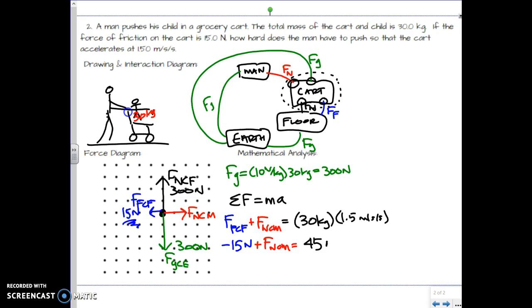Kilograms meters per second squared is the same thing as a newton. So 45 newtons over there. So the force, 45 newtons divided by 15 newtons. We divide both sides by 15 and we get that the pushing force, the normal force on the cart by the man, would have to be 3 newtons. Good luck.